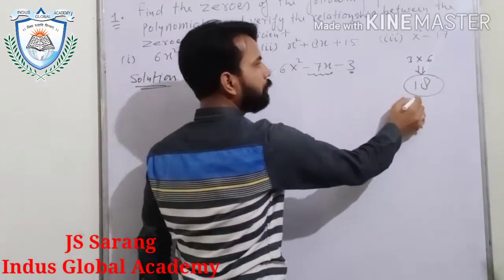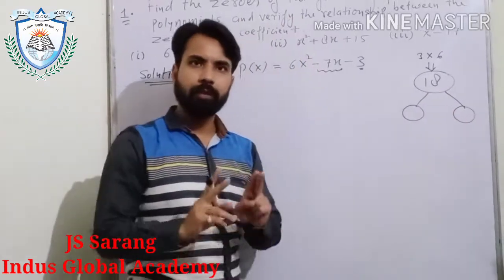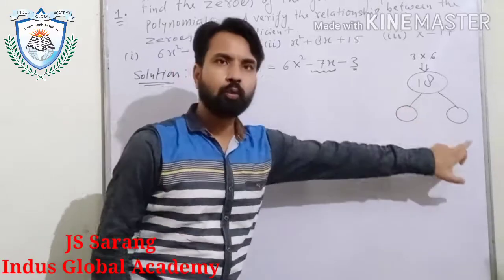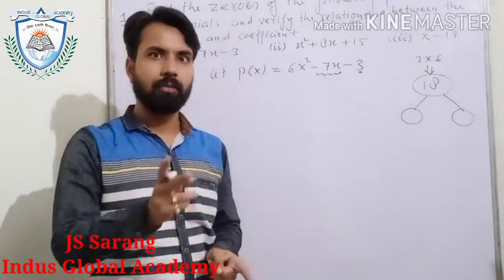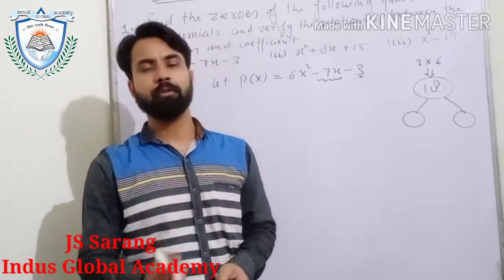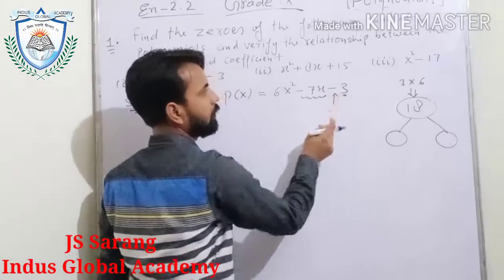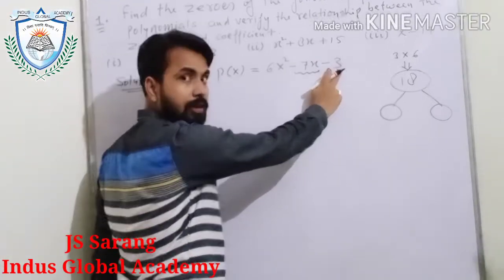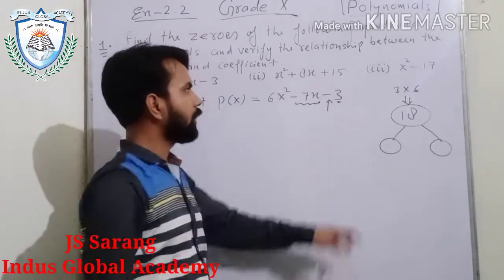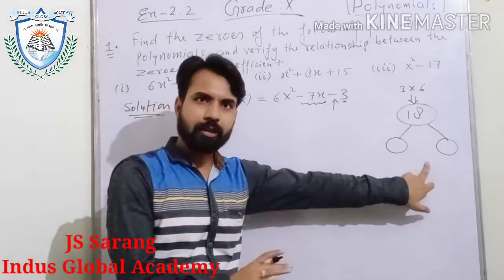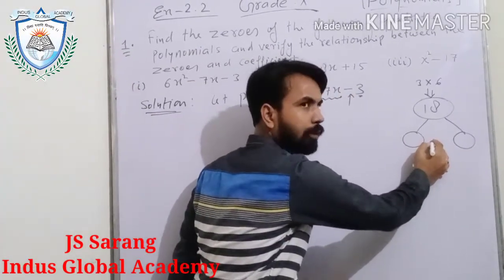Now we will break 18 into 2 factors whose sum or difference. Where we have to take the sum or the difference depends on the sign of the constant. This is the constant term and this is its sign. If this sign is negative, then we will take the subtraction, or if it is plus, then we will take the sign of plus.